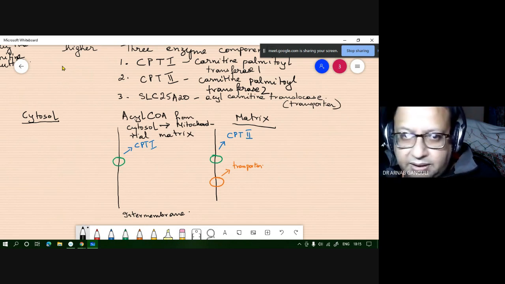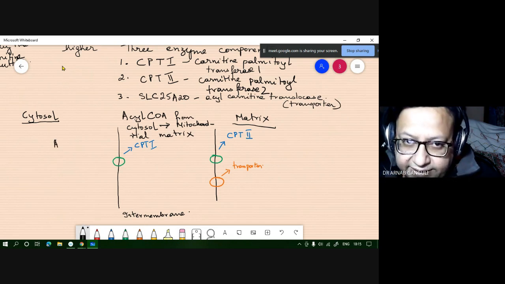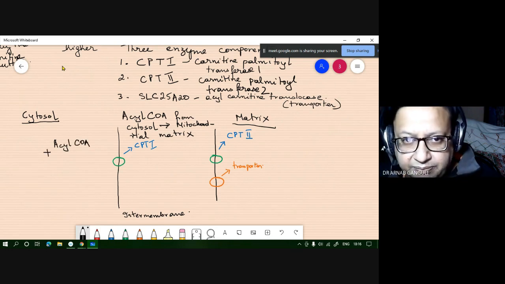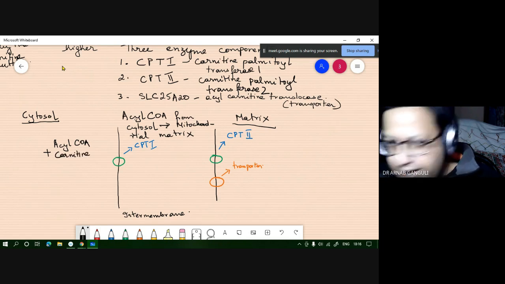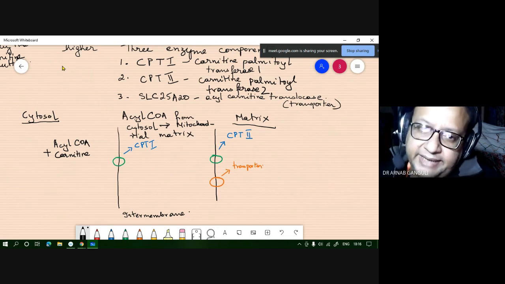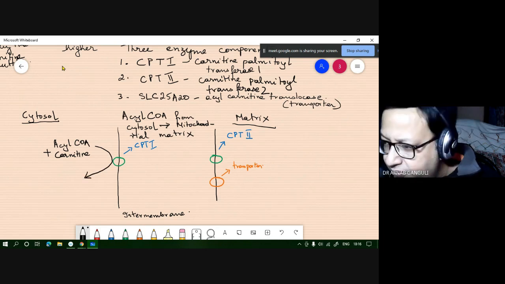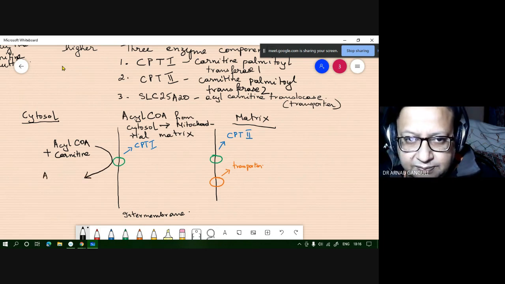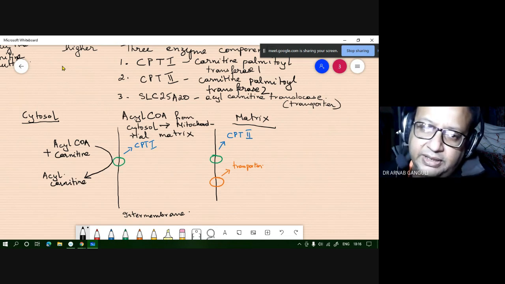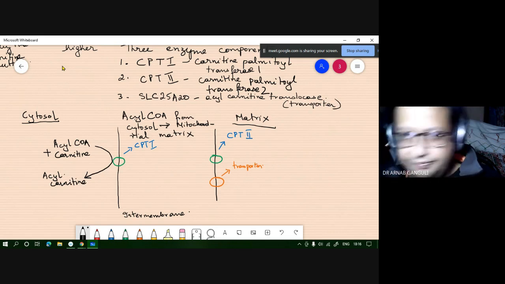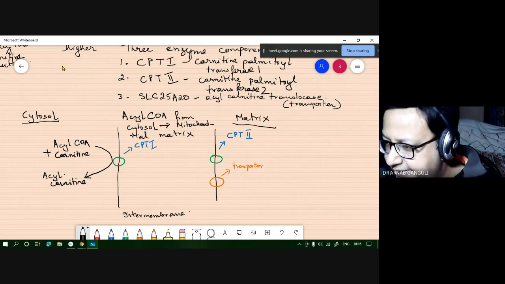Now, here what happens, the fatty acyl CoA binds with carnitine, and with the help of the CPT1 enzyme, it gets converted into acyl carnitine, the compound. The CoA is exchanged with carnitine.